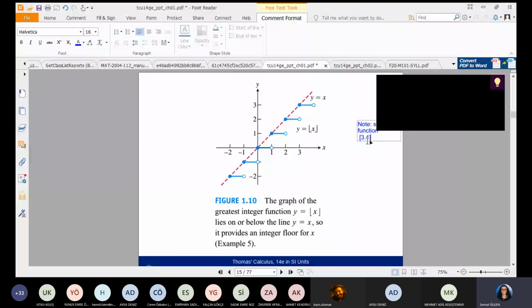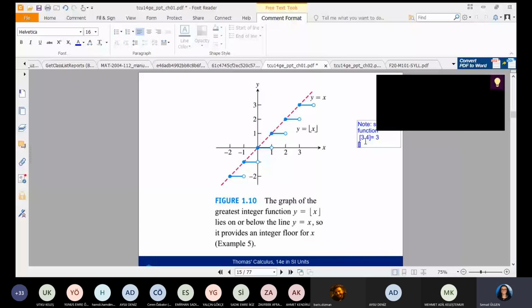It takes the whole number value that's smaller than itself, but the greatest of them all, because you can find a lot of integers less than 3.4. For example, 3, 2, 1, -5, etc. But you're going to take the greatest of them all, and 3 is the greatest of them all.